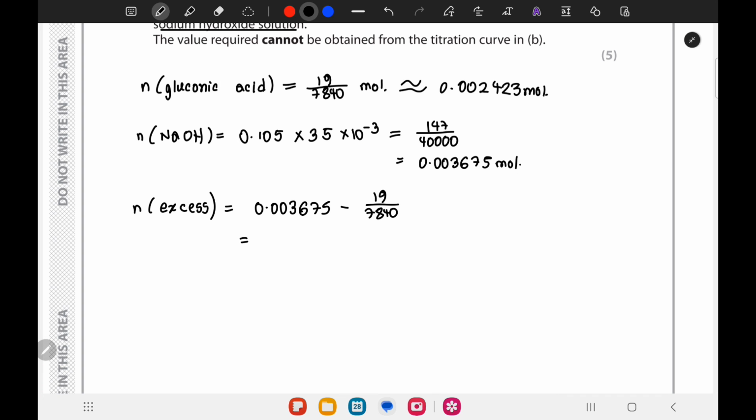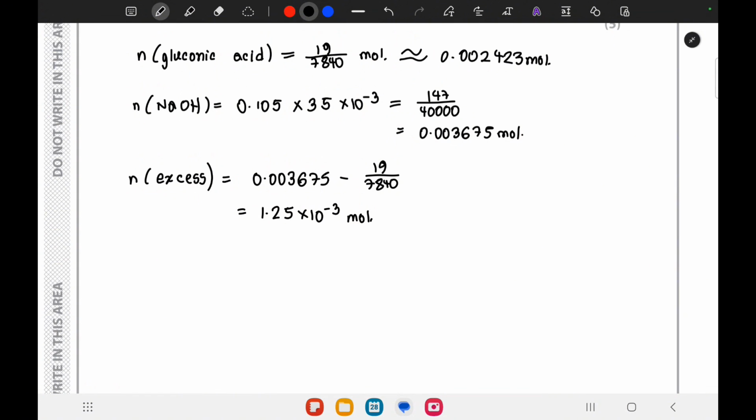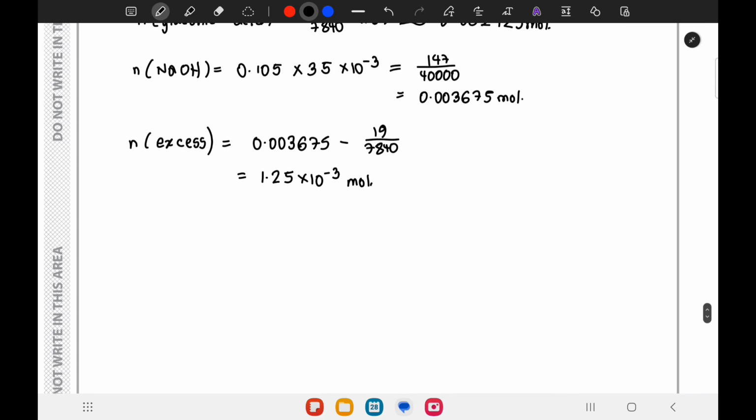This comes out to 1.25 × 10^-3 moles. I have the number of moles of excess sodium hydroxide over here as well. Now I can find the concentration of sodium hydroxide.